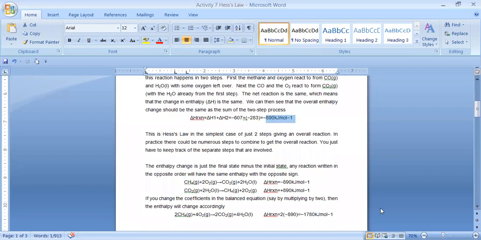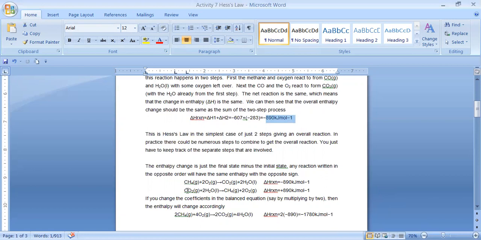The enthalpy change is just the final state minus the initial state. Any reaction written in the opposite order will have the same enthalpy with the opposite sign. So enthalpy is a state function. It means that what only matters for an enthalpy, for a state function, is the initial and the final state, okay?